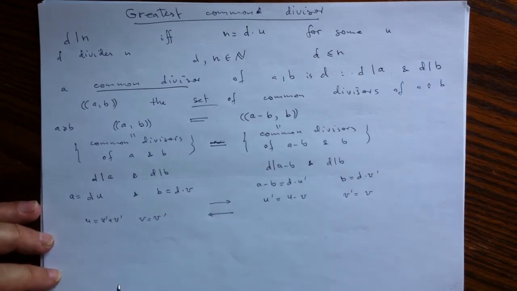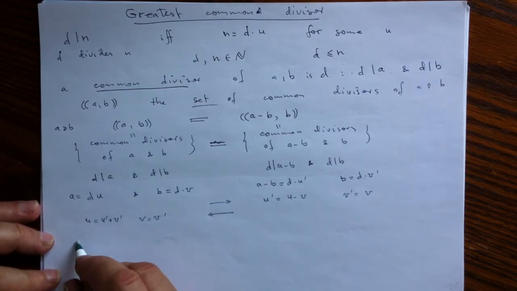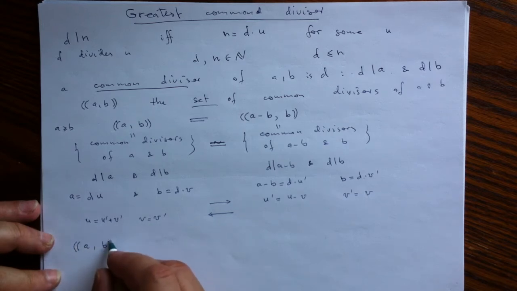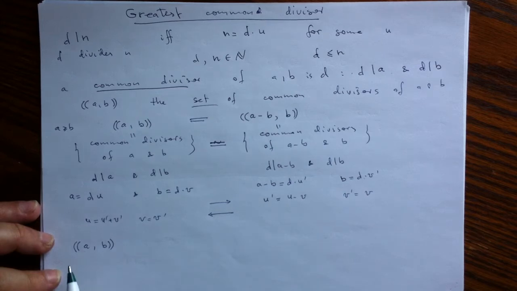What am I going to do with it now? Well, I'm going to use it again and again and again. I'm going to, technical term, run it inductively. I will start with what I'm given, a pair of numbers, and then the task is to find all common divisors and maybe look for this greatest thing if it exists.